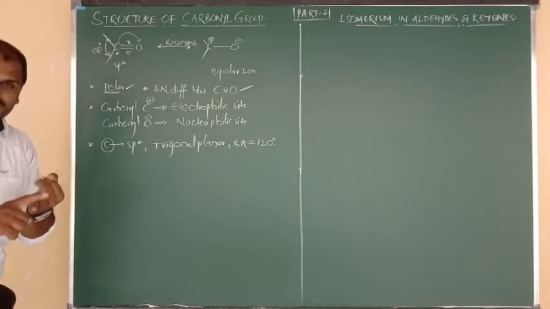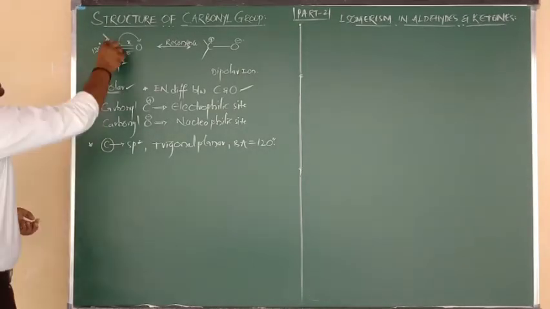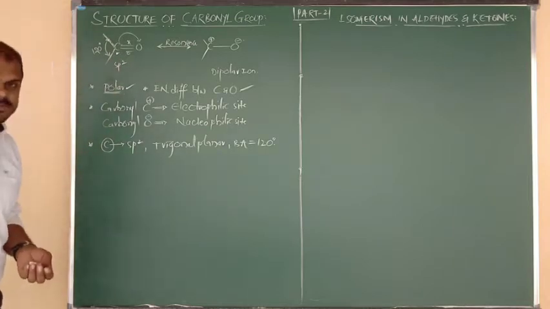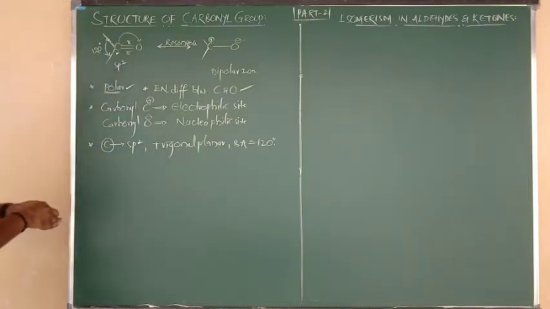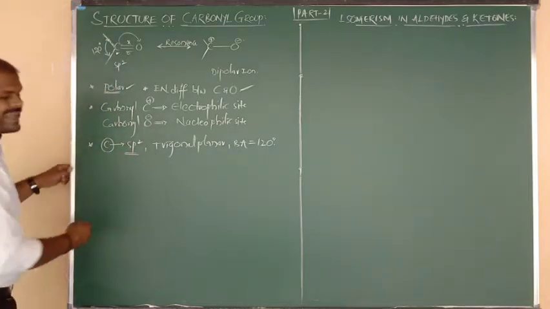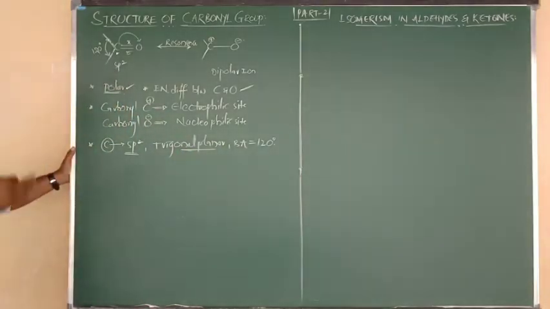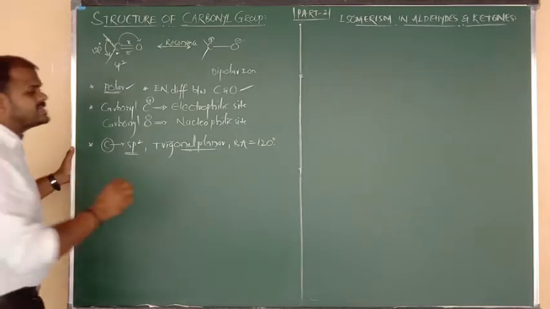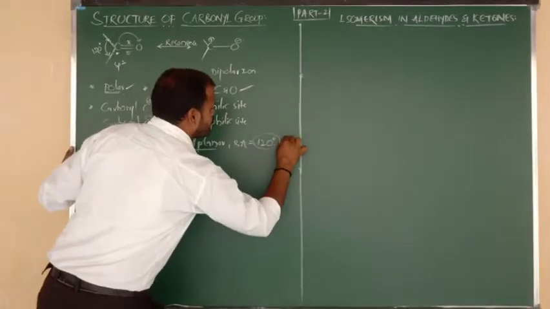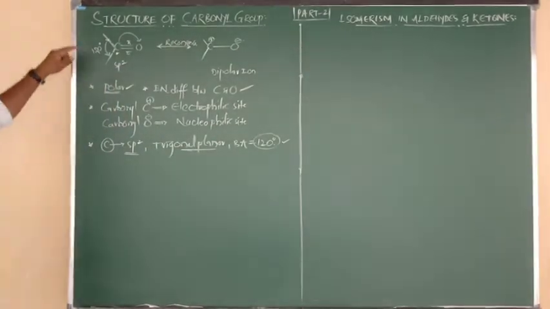The carbon has sp2 hybridization. Sp2 hybridization means the expected geometry is trigonal planar, and the expected bond angle is 120 degrees. I have written that in the structure also.